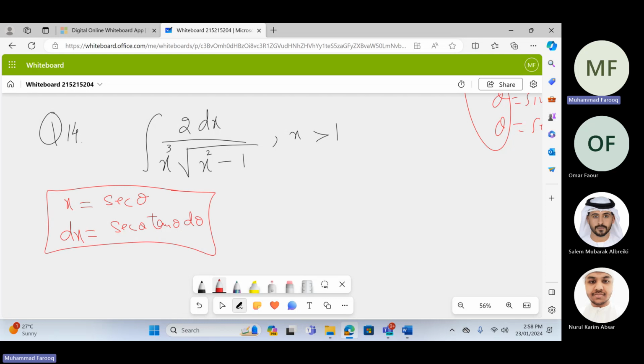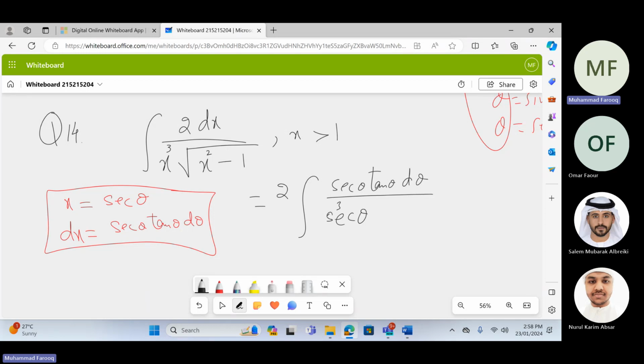Now we have put down this. The 2 you can take outside. dx is secant theta tan theta d theta, divided by x which is secant theta, and it has a cube, so secant cube theta.